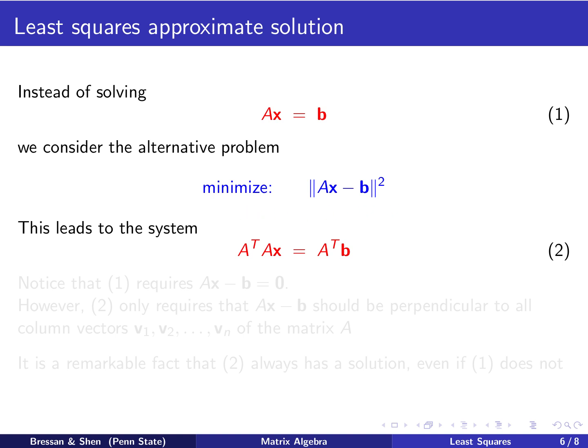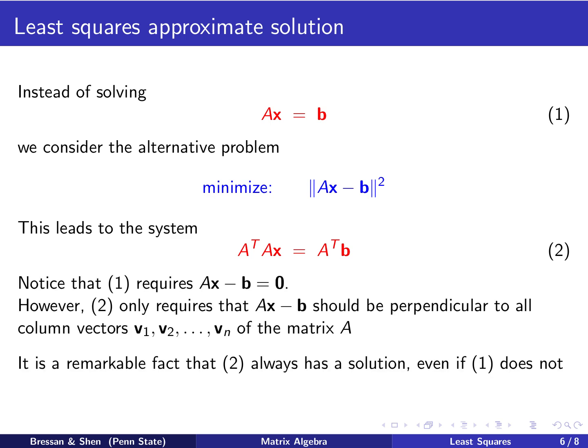This minimization process we just analyzed, and we derived that it is equivalent to the following system, A transpose A X equals A transpose B, and then we need to solve for X. We call this problem 1, and we call this problem 2.